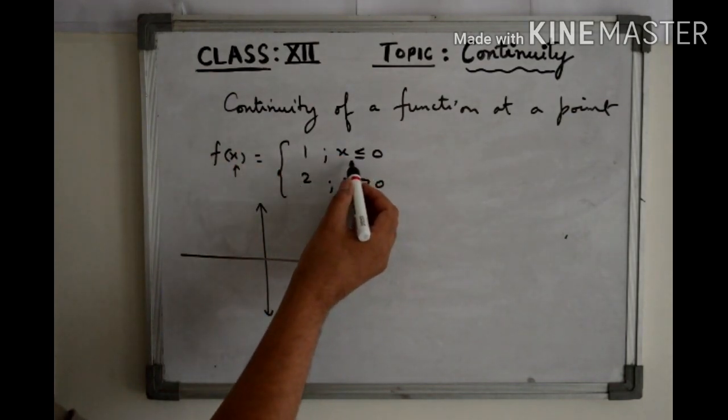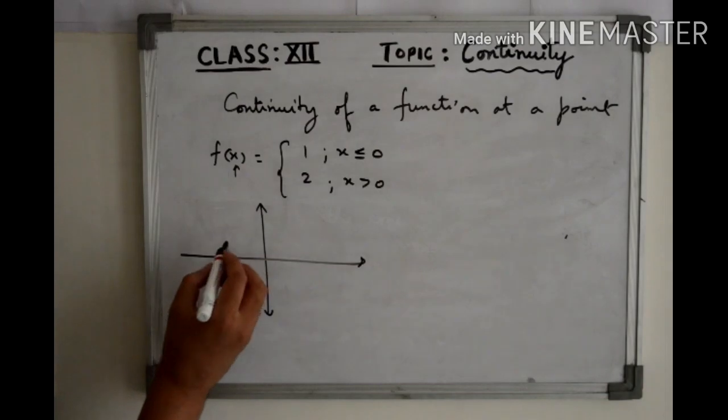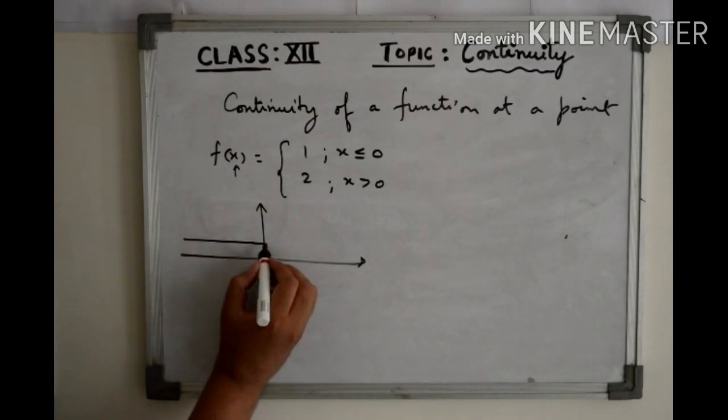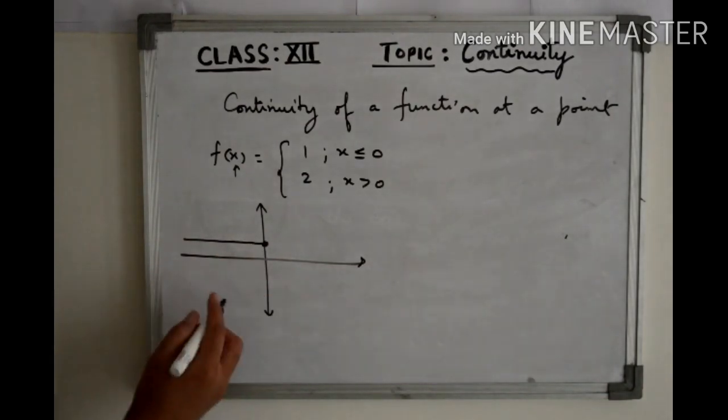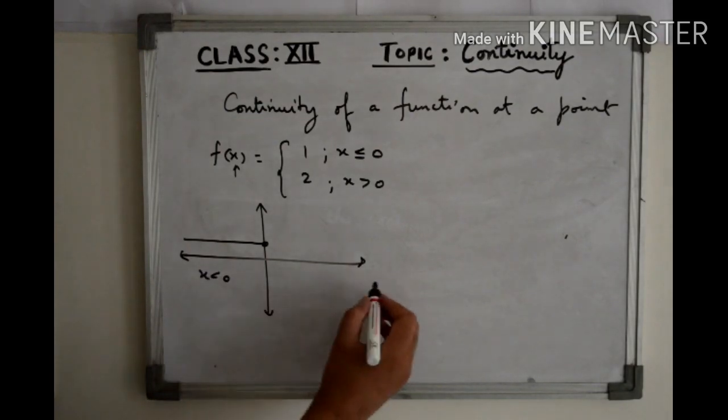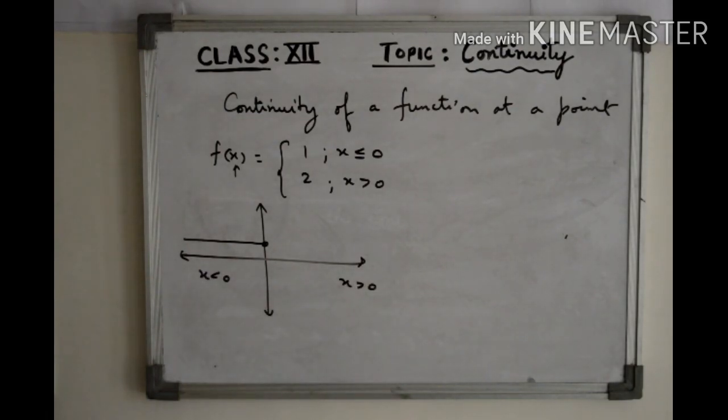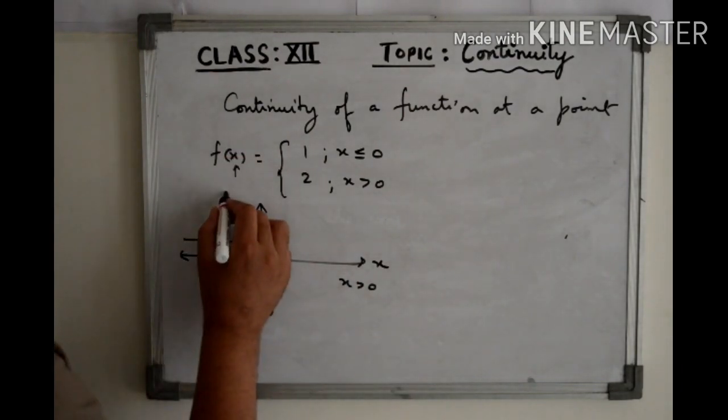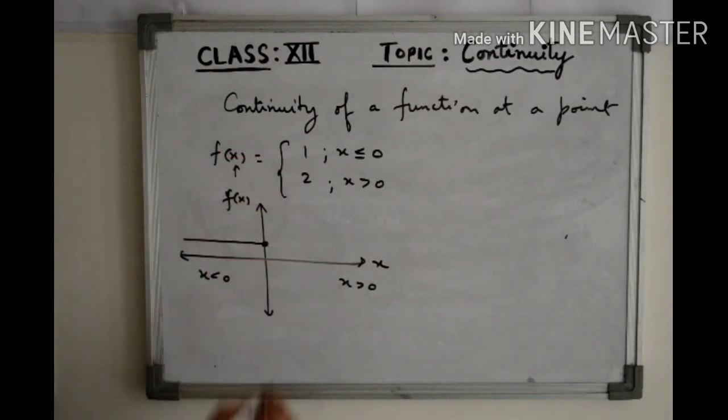So for the values of x which are 0 or less than 0, the output is 1. Here x is negative and on this side x is positive. Along this axis we have the input x, and along the y-axis we have the output, that is f(x).